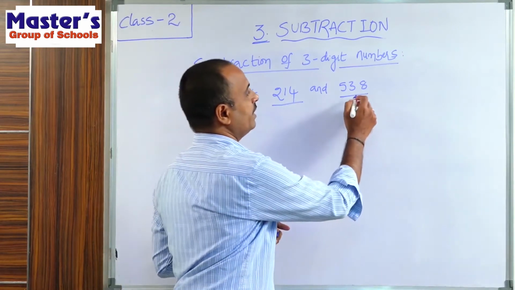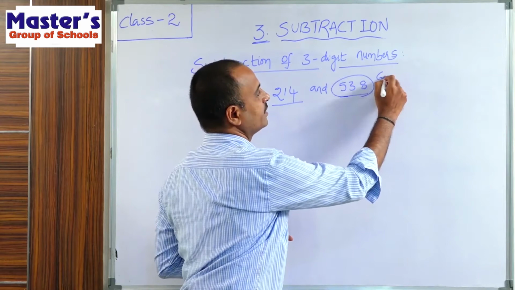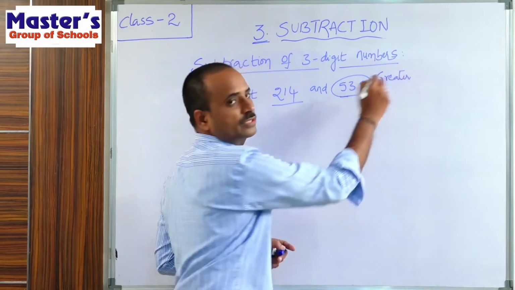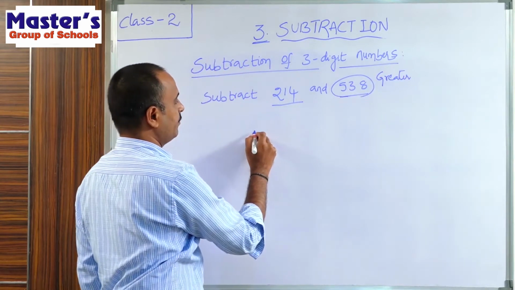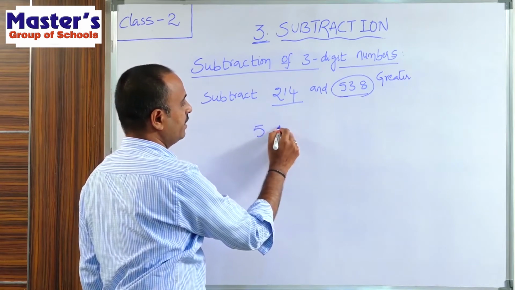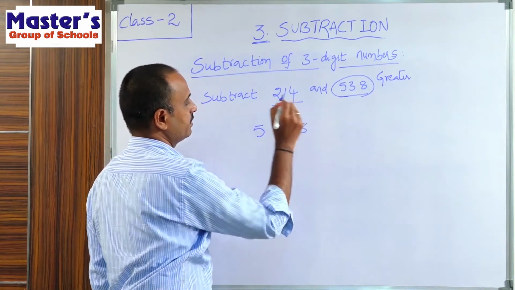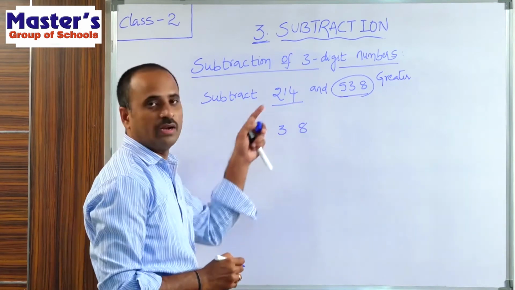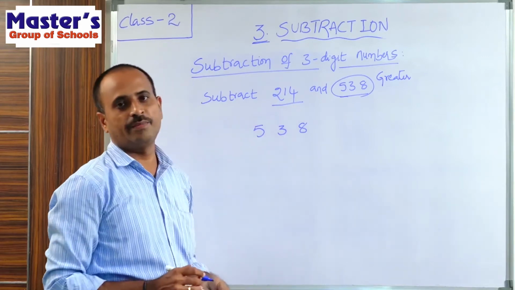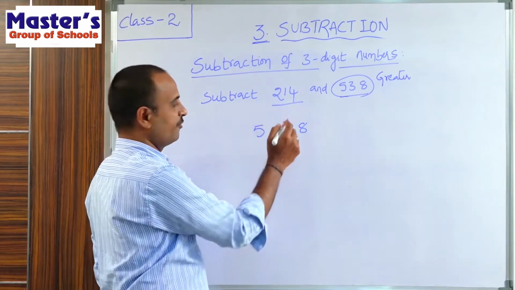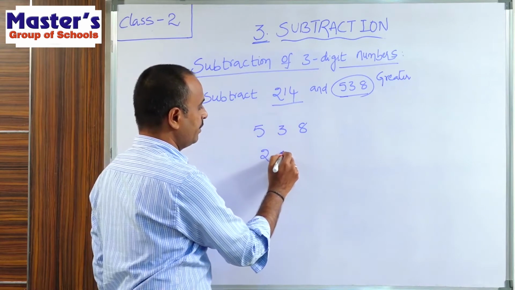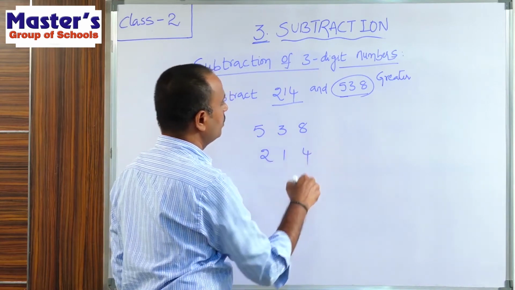Here 538 is greater. So write the greater number first, that is 538. Now write the smaller number below the greater number. The smaller number is 214.